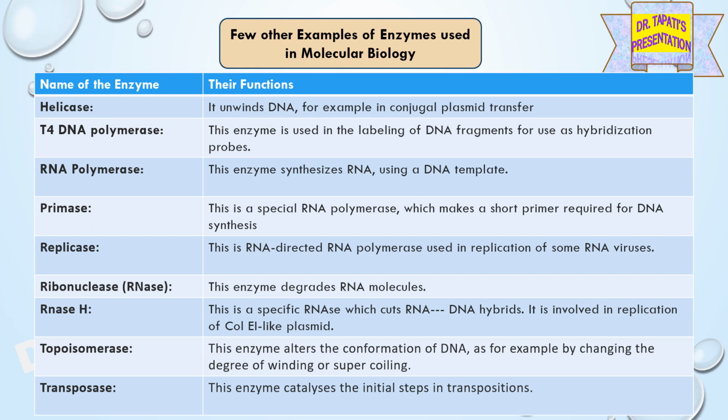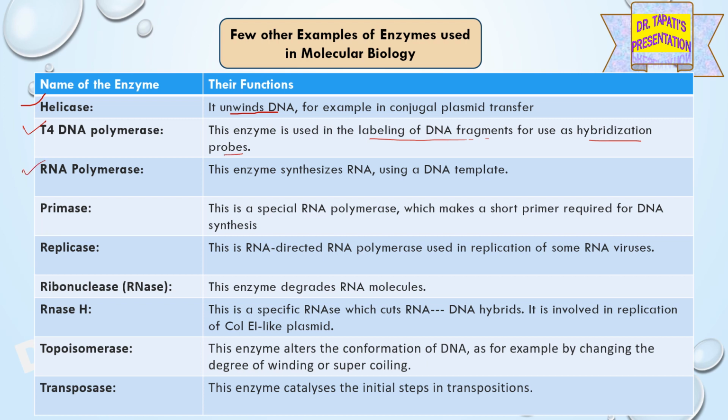Let's know a few other examples of enzymes which are used in molecular biology. First of all, helicase. It unwinds DNA, as for example in the conjugal plasmid transfer method. T4 DNA polymerase enzyme is used in the labeling of DNA fragments for use as hybridization probes.